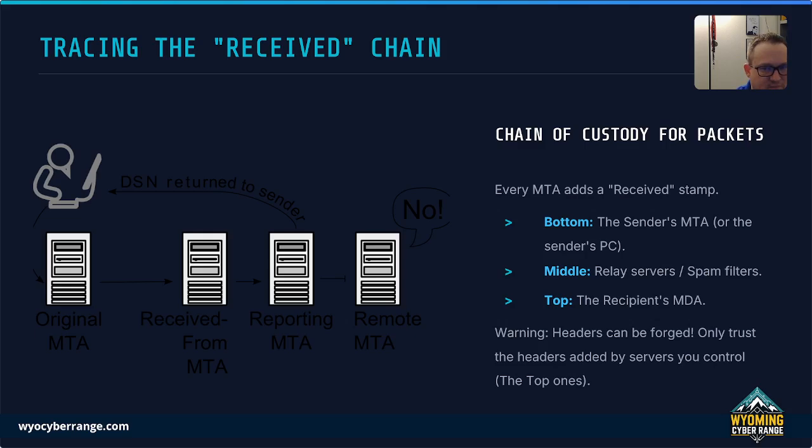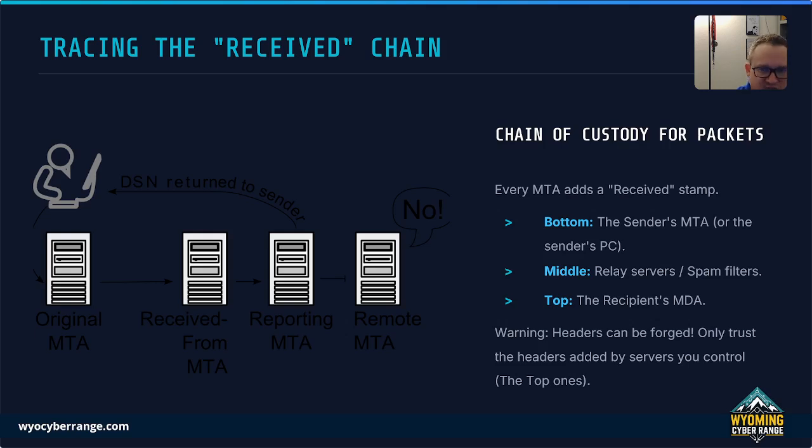Now, however, I have to give you a warning. Headers can be forged. You can only fully trust the headers added by servers that you control, which normally are going to be at the very top if you're doing an investigation trying to trace back where the spam message came from.